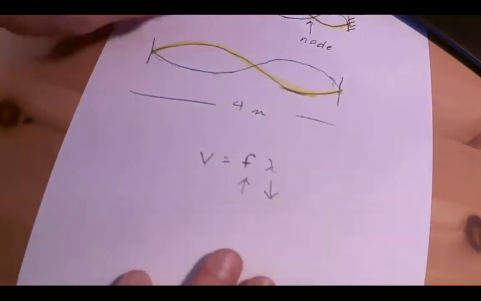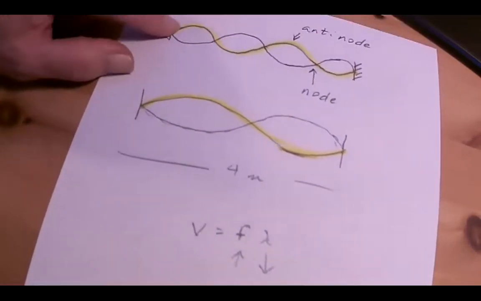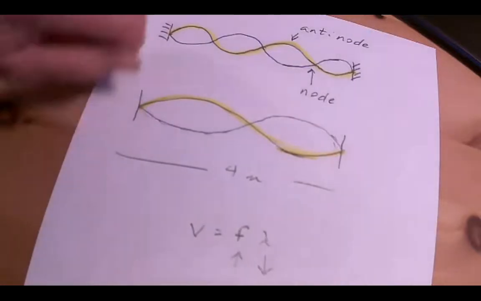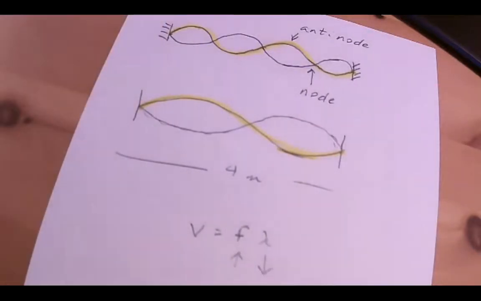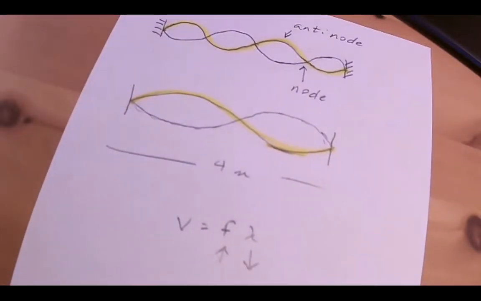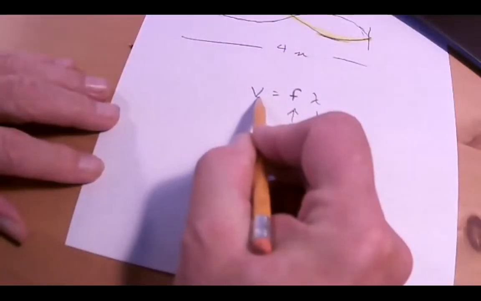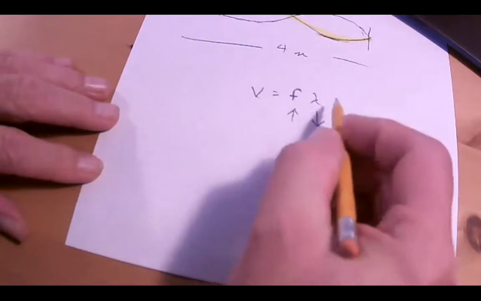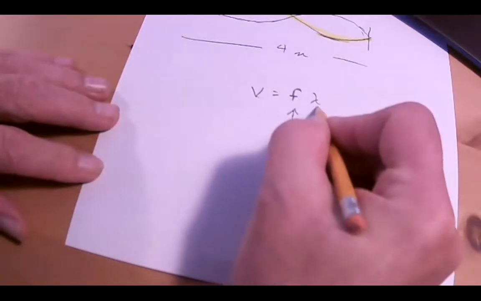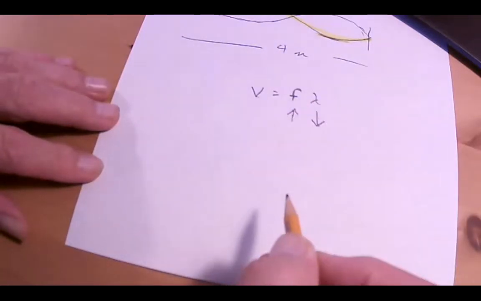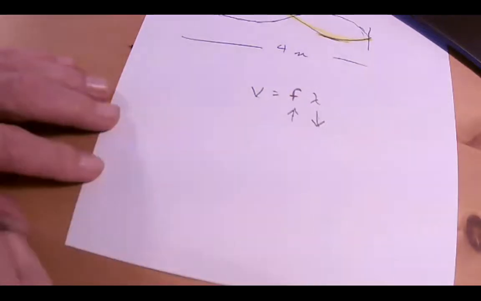That's why to generate this wave, the frequency that I had to oscillate my hand had to increase. So within the same medium, the speed remains the same. And if I change the frequency, the wavelength will change accordingly, and vice versa.